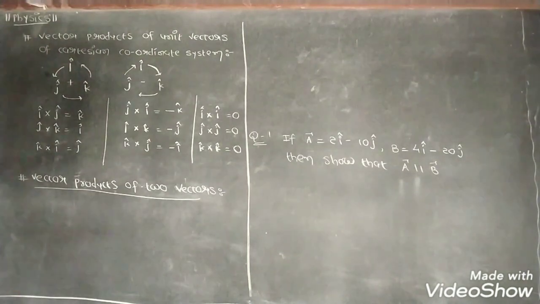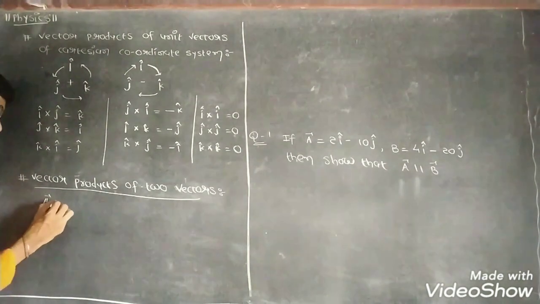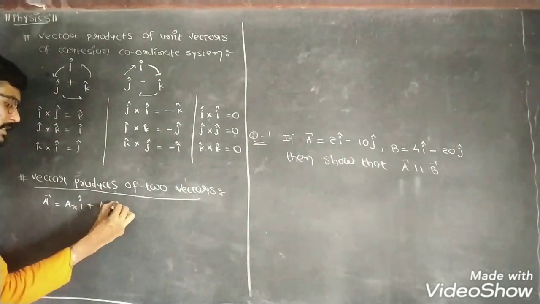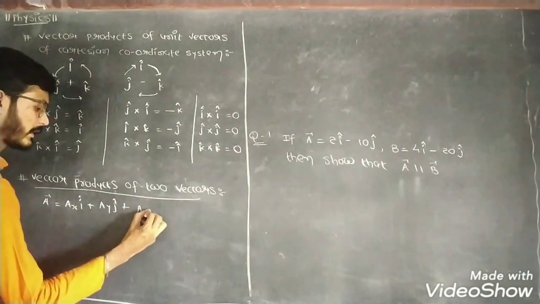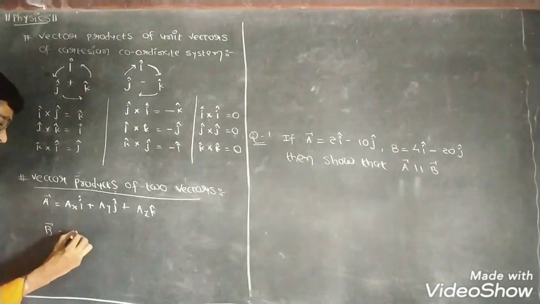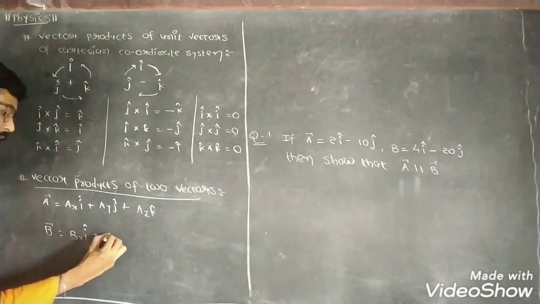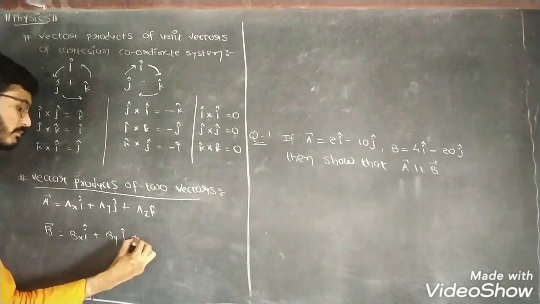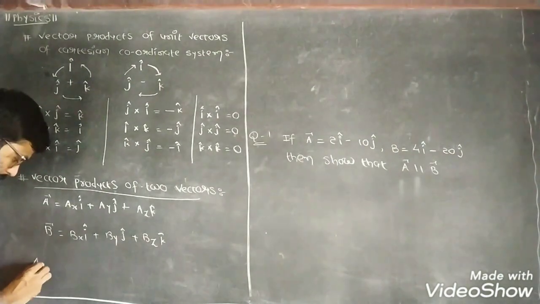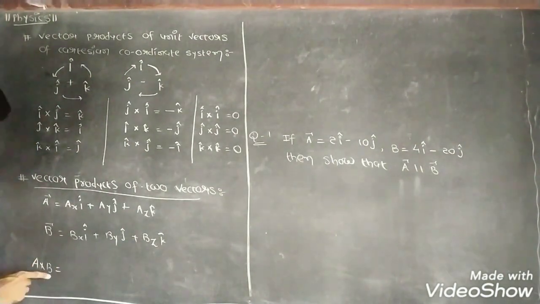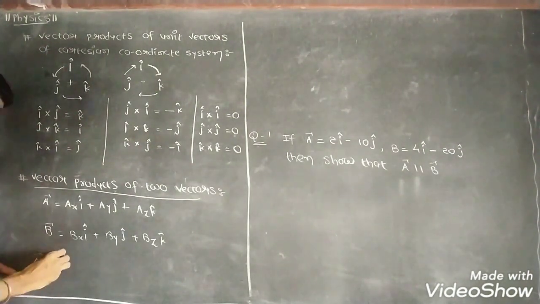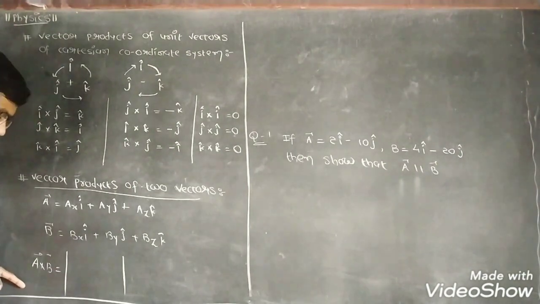Okay, now we have to discuss the method of multiplication, or the vector product, of two vectors. Suppose the vector A is AX i plus AY j plus AZ k, and the vector B is BX i plus BY j plus BZ k, and we have to find A cross B. For finding A cross B, we have to take a determinant.